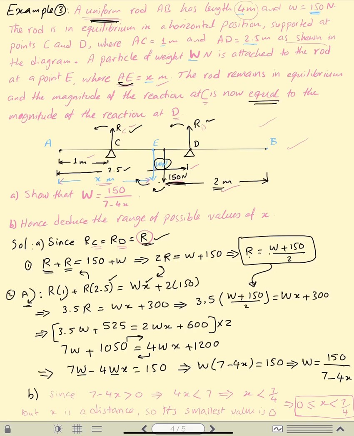But of course we have shorter and easier steps. 3.5W from here plus, by expanding, 525, by cross multiply, this is 2 times WX plus 600.